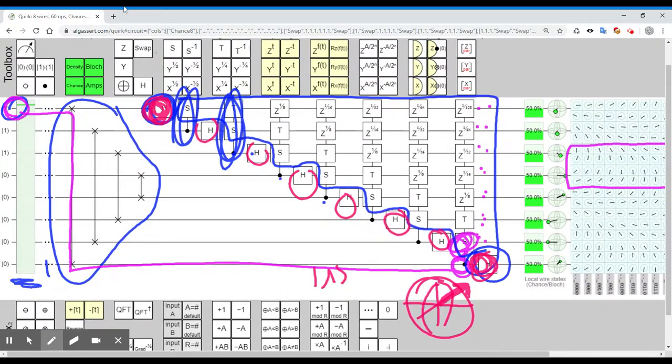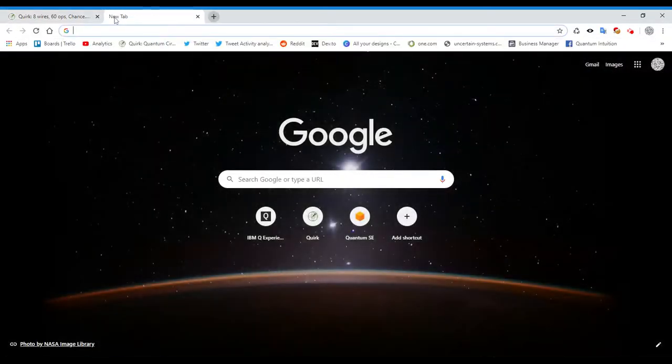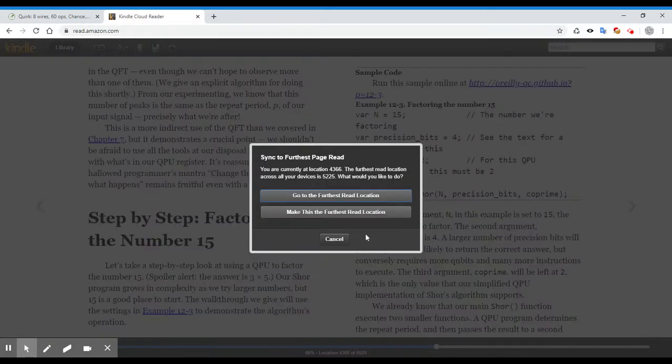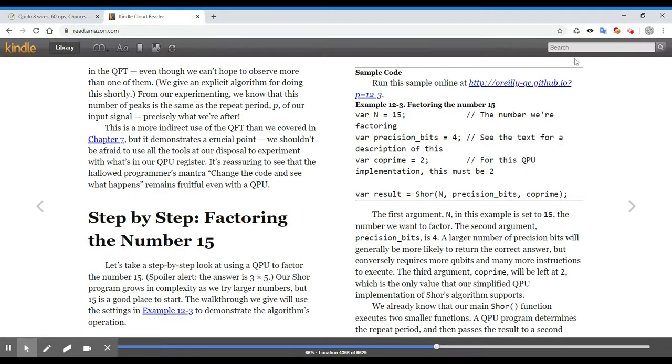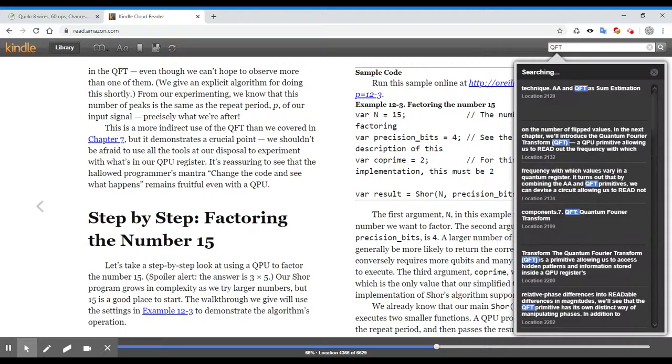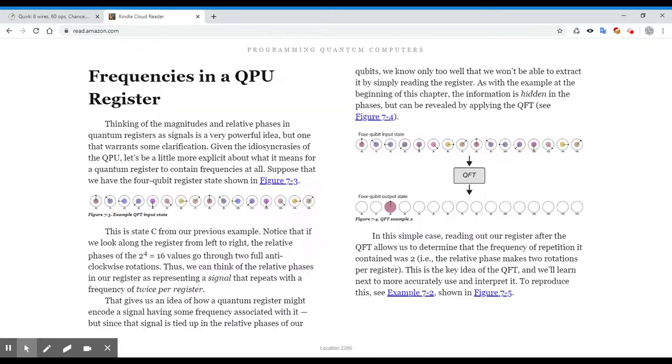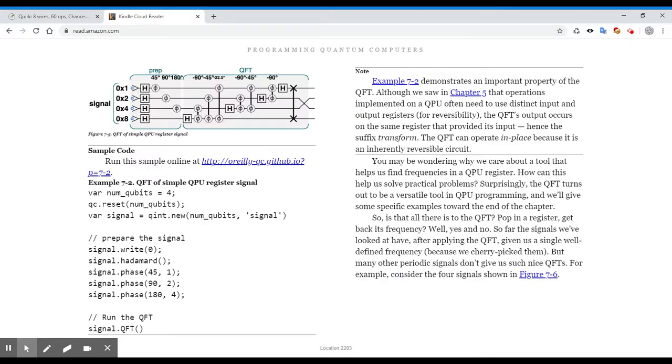But it's interesting. If I go back to the Kindle Cloud Reader, search QFT techniques, how does it look here? Because here it's slightly different.